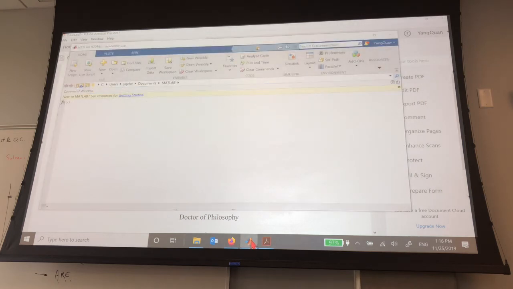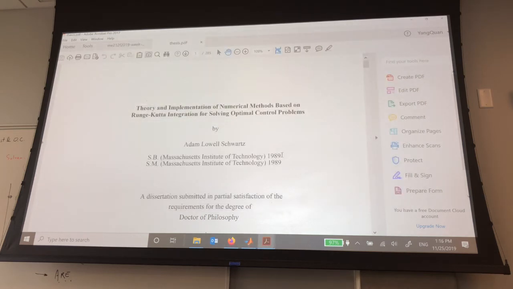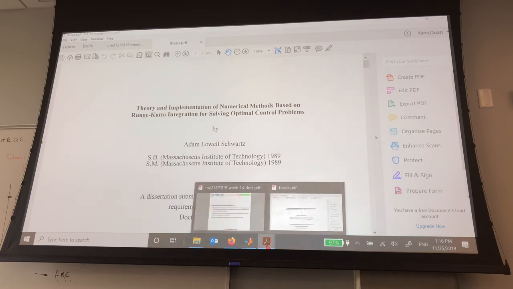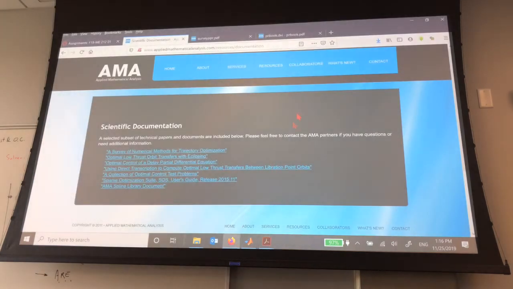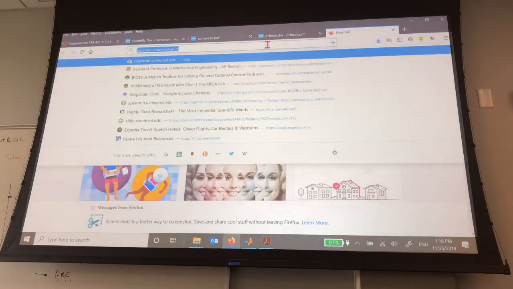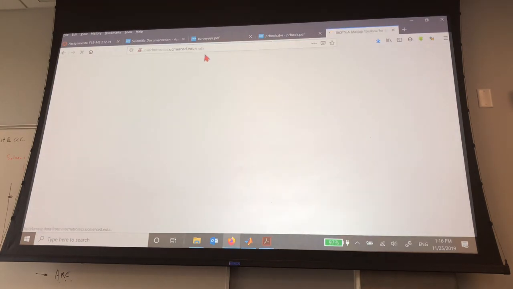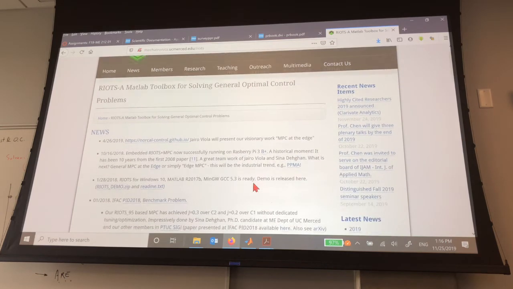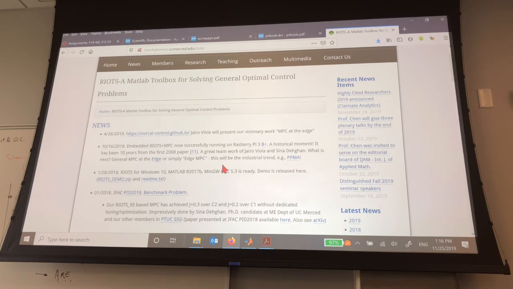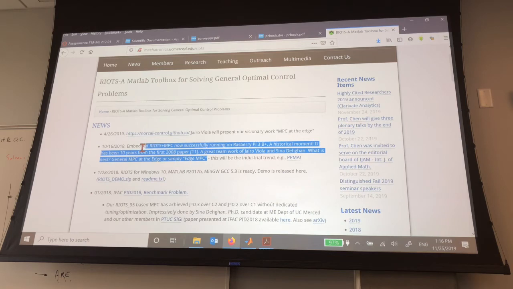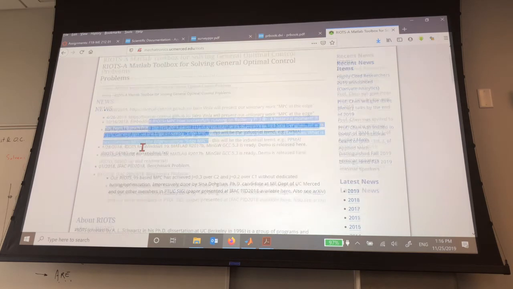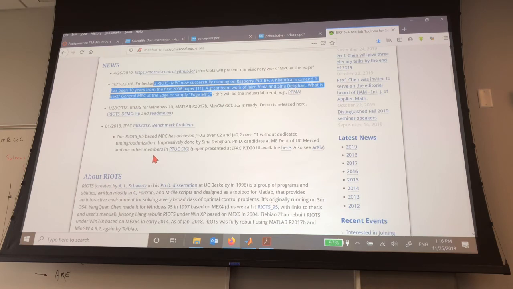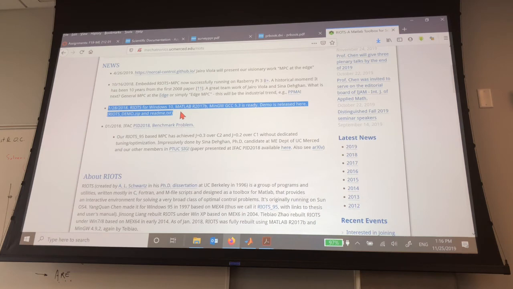But anyway, this dissertation is excellent. Is it available to us? Yes, I already uploaded it into the directory. But if you want, you can find all the material documented on the RIOTS page under our lab. Okay, so this is our lab. We use RIOTS for MPC and fractional order optimal control. And January 2018 was very exciting.